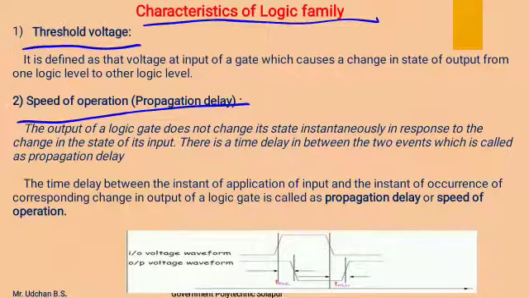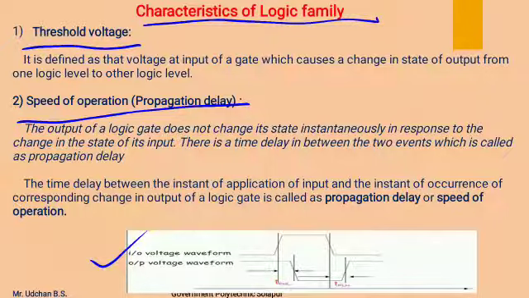In other words, the time delay between the instant of application of input and the instant of occurrence of the corresponding change in output of a logic gate is called propagation delay, and from that we can also predict the speed of operation of a particular device or logic gate.